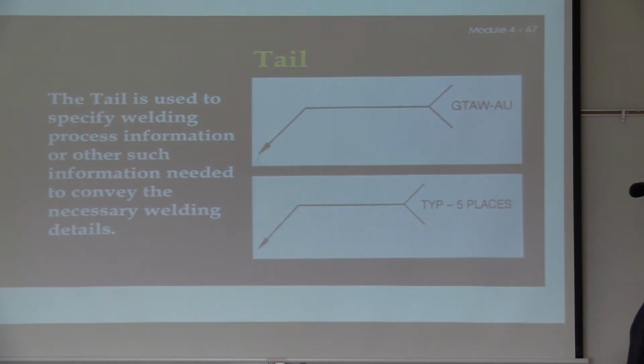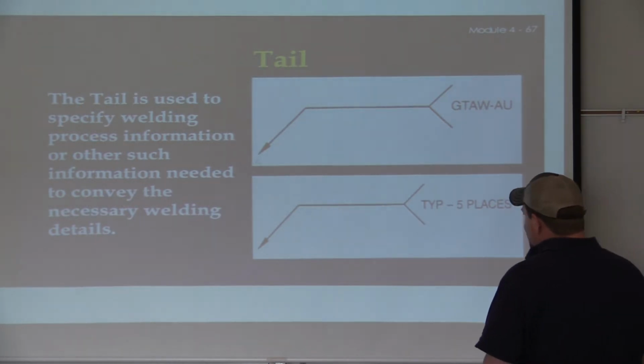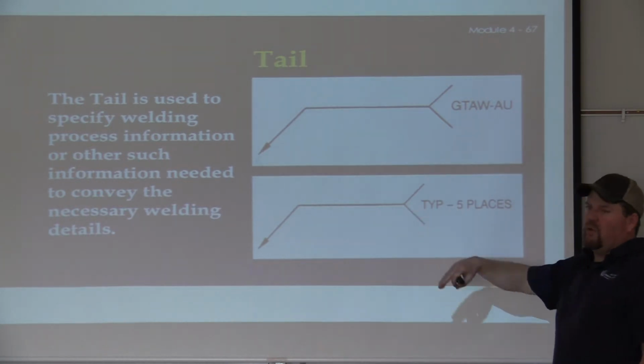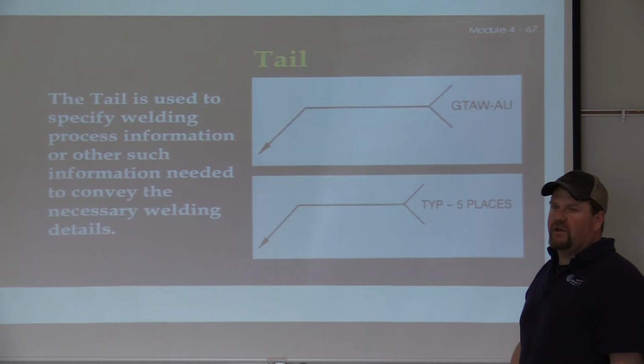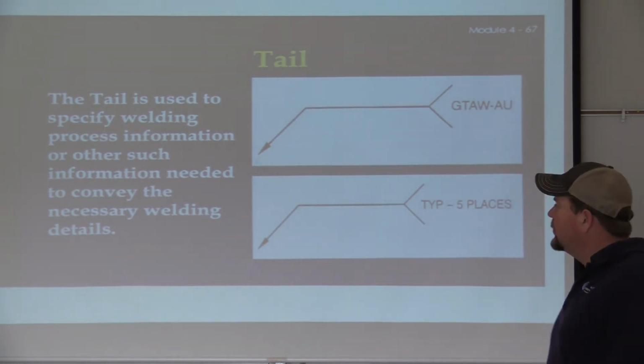Say it's only 6 inches, or it may not even give you a pitch. Just give you a number of welds, 6, and then just say typical in 5 places, right? For some of you that have done the SolidWorks drawings and some of the other CAD stuff, you could say that might be, the radius might be 10, but it might be in 5 places. You've got that same radius there, okay?